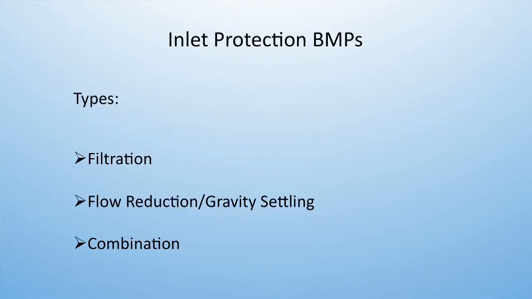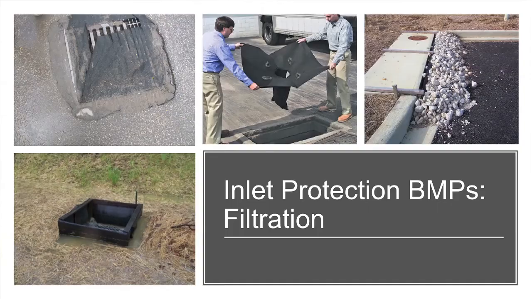The inlet protection devices can be broken down into categories of materials that filter, things that interrupt the flow of it and allow gravity settling, or some combination. Examples of this could be as simple as a filter fabric cloth in a drop inlet, the inverted catch basin, sometimes referred to as a witch's hat, which is often used in post-construction to catch debris, leaves, etc., but can be used during construction.